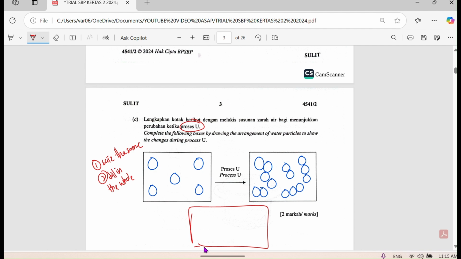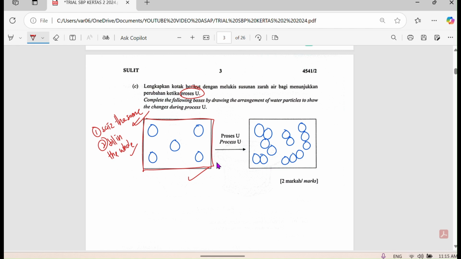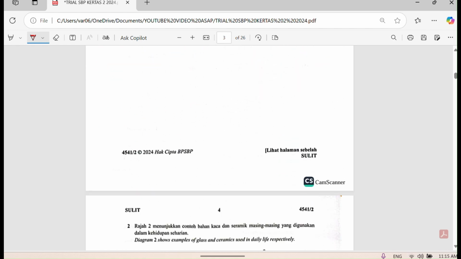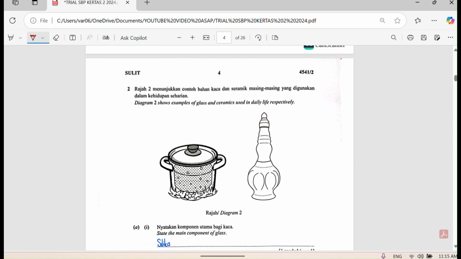Some students draw a box inside the given box and then draw the particles, which is wrong. If this is your box given, fill up the whole box. So, bear these two in mind. So, we have gas here, liquid. 2 marks there. So, easy 2 marks.